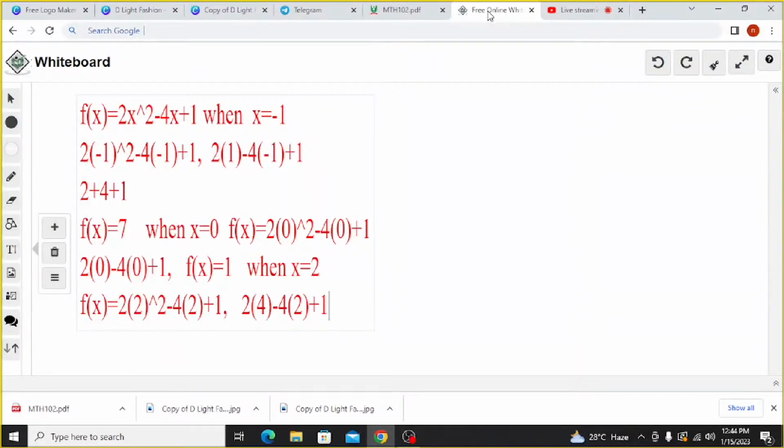So 2 multiplied by 4 is 8, minus 4 multiplied by 2 is also 8, plus 1.